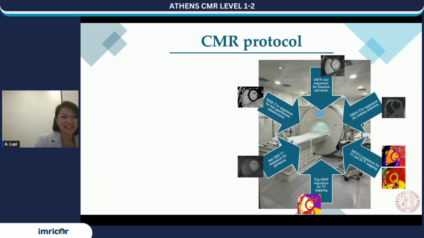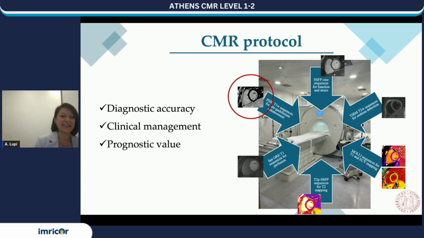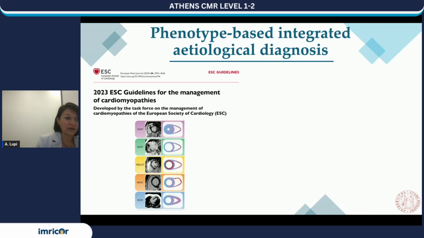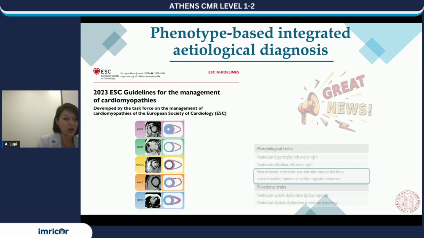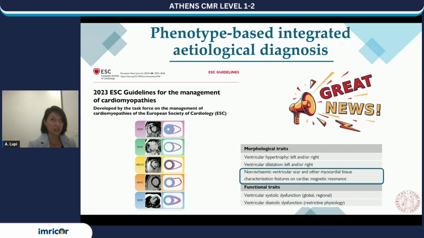Starting from a standard CMR protocol, we can see late gadolinium enhancement has a high value for diagnostic accuracy, for clinical management, and as we'll see later, also for its prognostic value. The importance of scar assessment has been recently emphasized in the new cardiomyopathy guidelines, where the most significant innovation is the specific inclusion of tissue characterization using CMR.